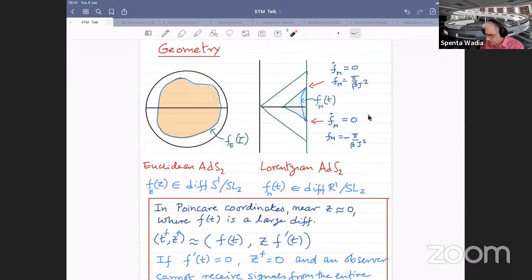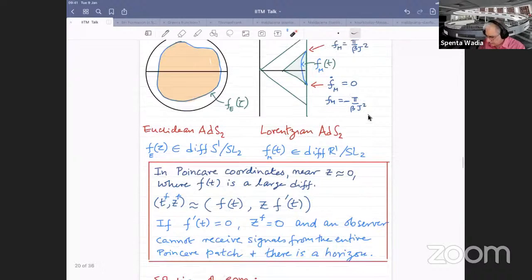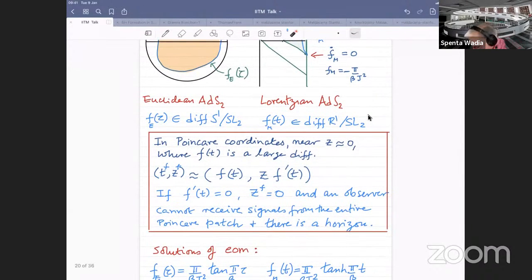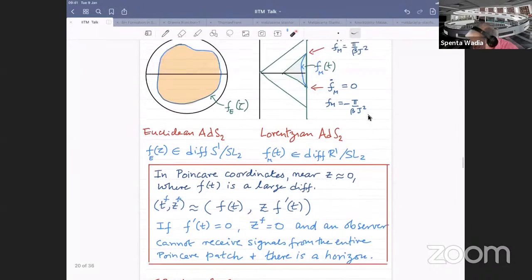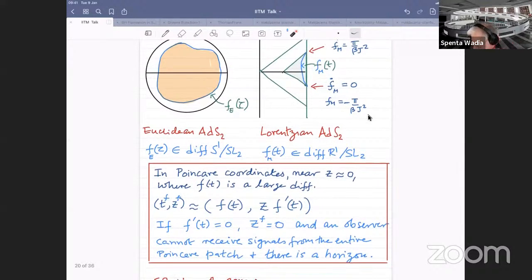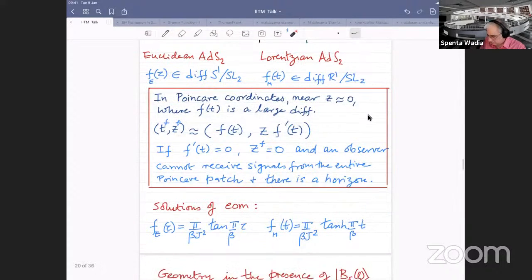And this is all very beautifully explained in the work of Kitaev and Maldacena. So this is the connection of the reparameterization symmetry and the vanishing of the derivative of f and the formation of a horizon.